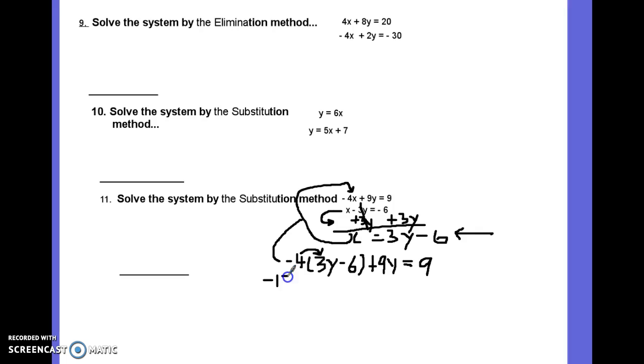So that's a negative 4 times 3 is 12, and that's y. Then we have a negative 4 times a negative 6. And that will give me a positive. Sign same is positive. So that's going to be a 24. And then we write this as is. So it's plus 9y equals 9.